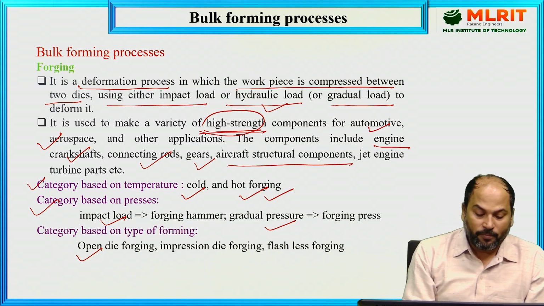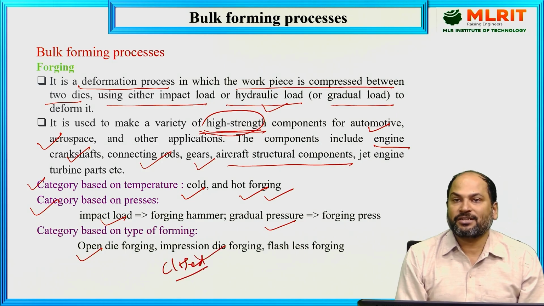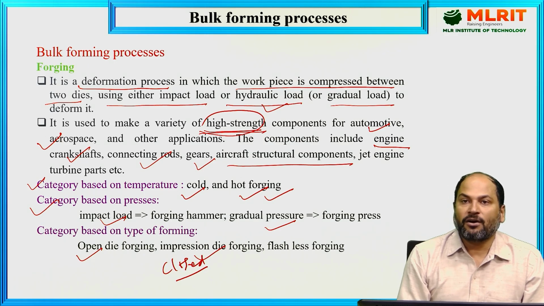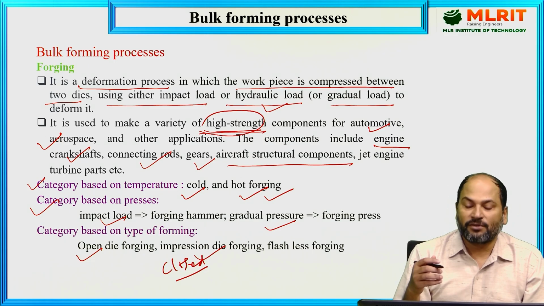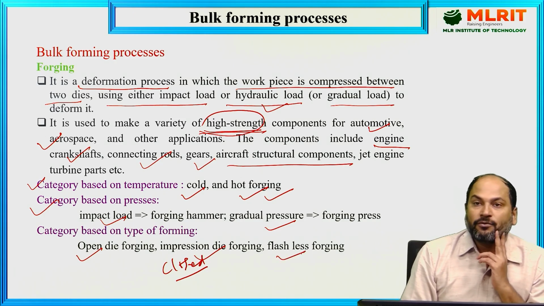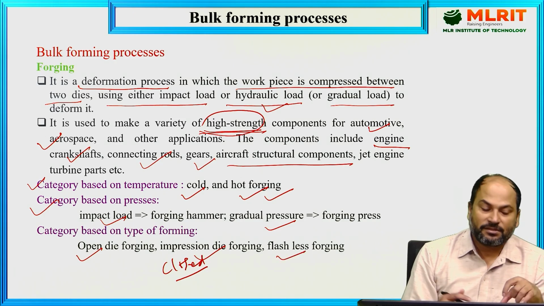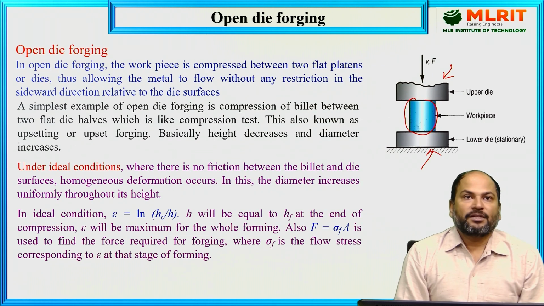Or impression die, closed die forging, where there will be restriction on the material flow. Impressions will be there, and material will be forced to flow in those areas only. And the last one is flashless forging. Actually, we'll see what is the meaning of this flashless. So first we are starting with the open die forging.